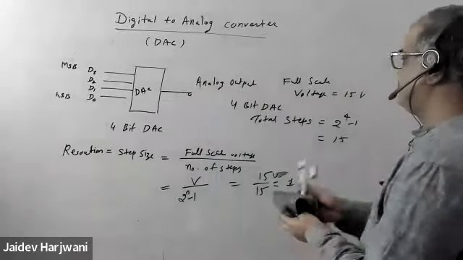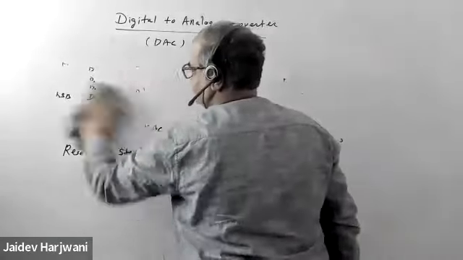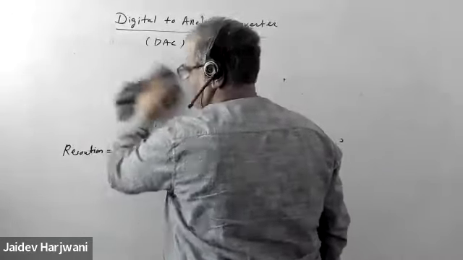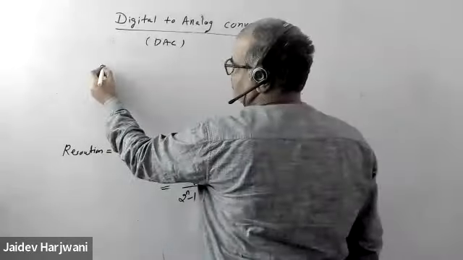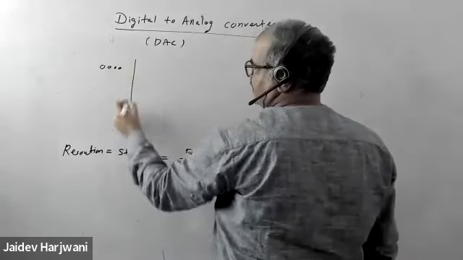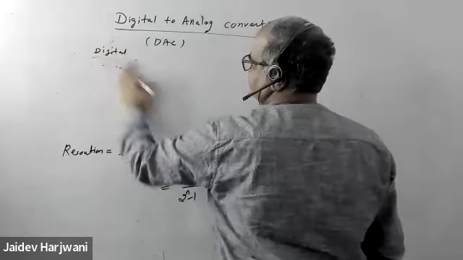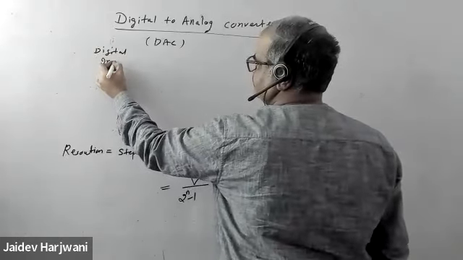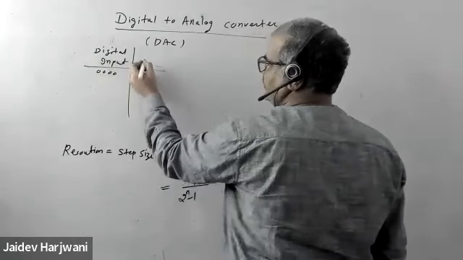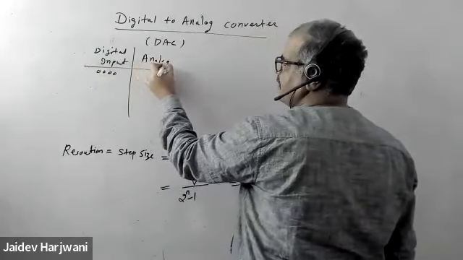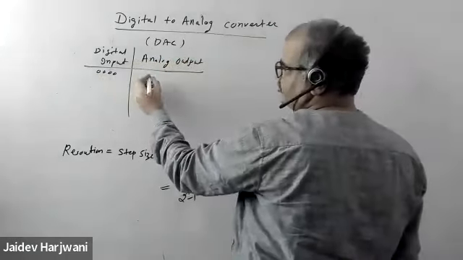If you have a 4-bit converter, you will have 0000 as digital input, and the analog output corresponding to 0000 will be 0.